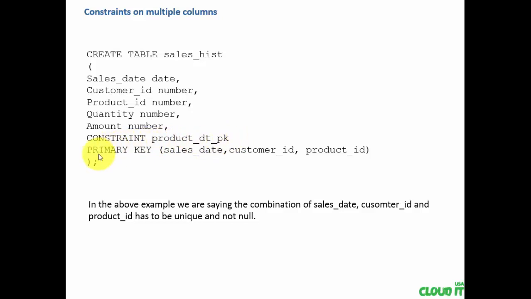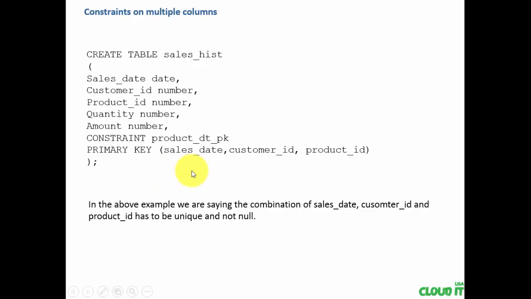Here I want a primary key, so primary key, and in the brackets list all the columns which you want to be part of the primary key. So here in this example, I am saying the combination of sales date, customer ID and product ID has to be unique and not null.